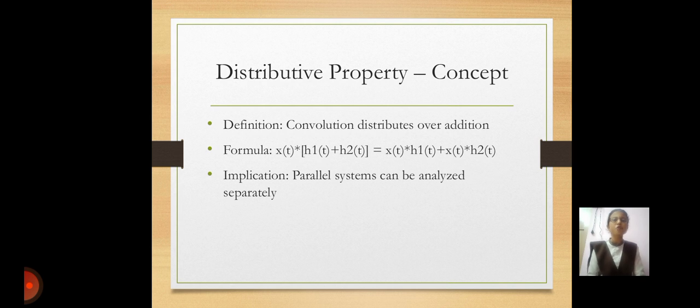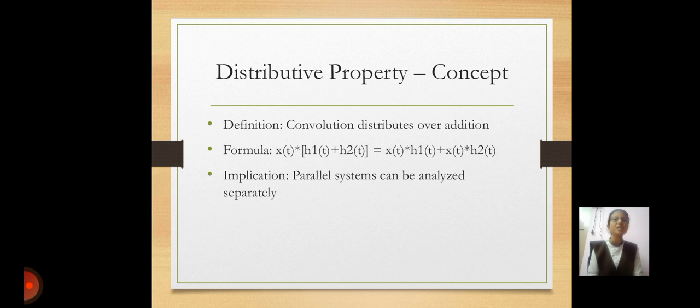For example, the formula can be expressed as follows. x of t is the input signal, whereas h1 of t and h2 of t are the subsystems. When we convolve them, we can divide it as x of t convolution h1 of t plus x of t convolution h2 of t.